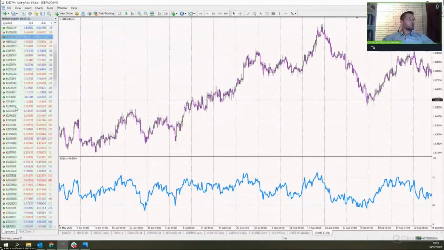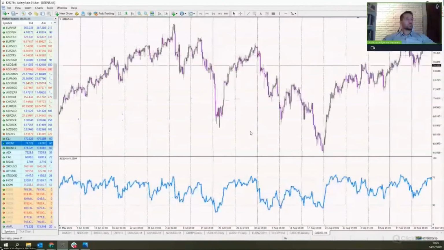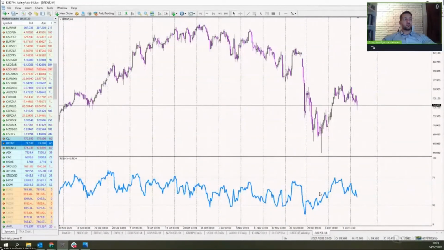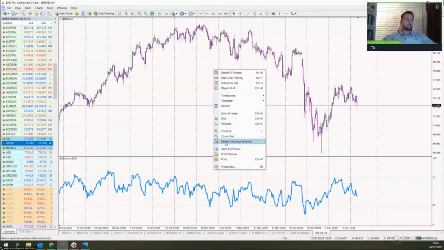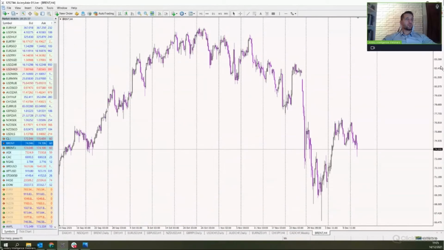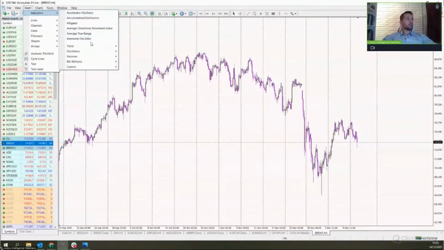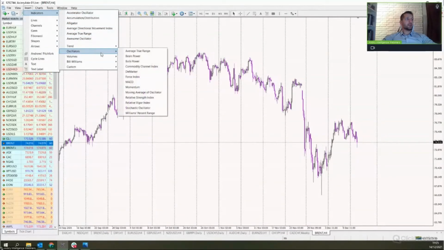Maybe we can use Brent oil, for example. We used index, we used forex instruments or currency pair, and now we will use commodity. And the last indicator I will show you is CCI.